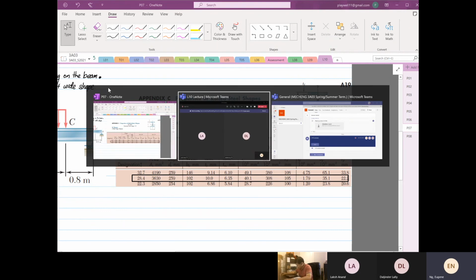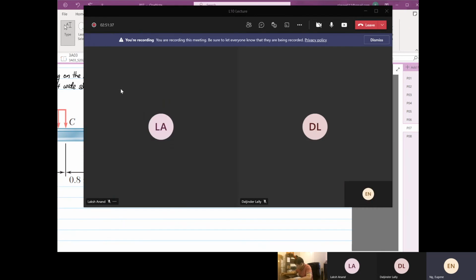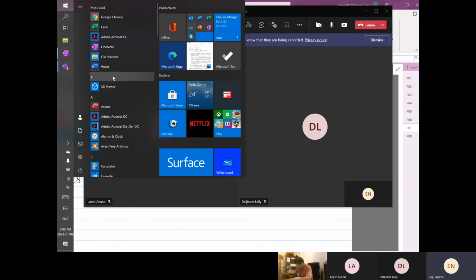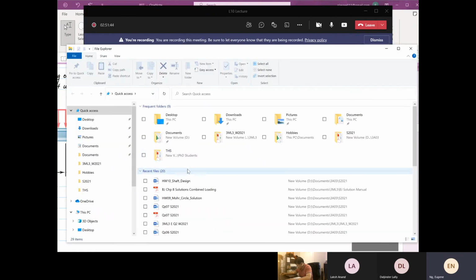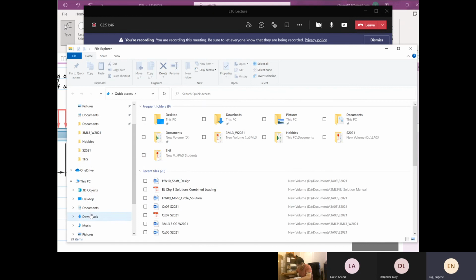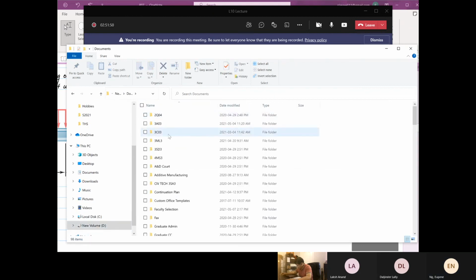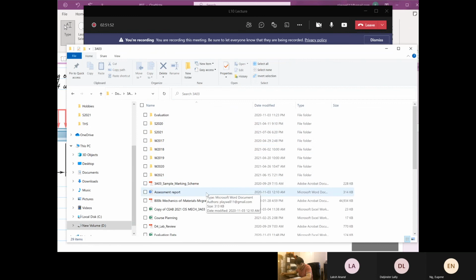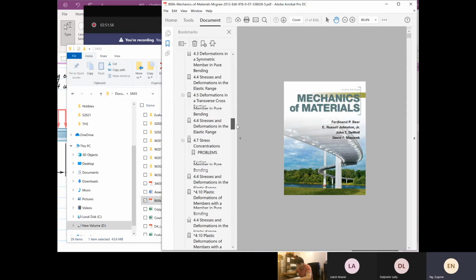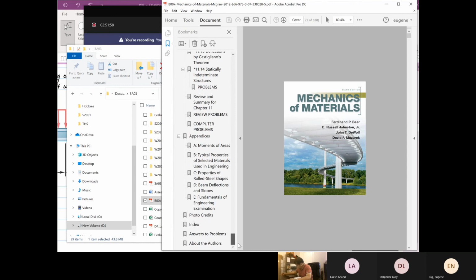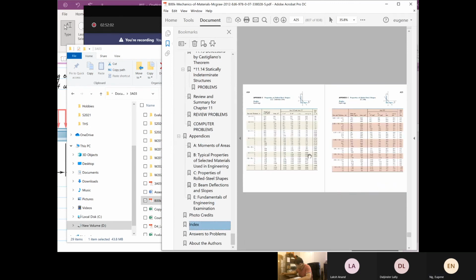Hold on. I need to get an image of the beam, because I need to draw something.